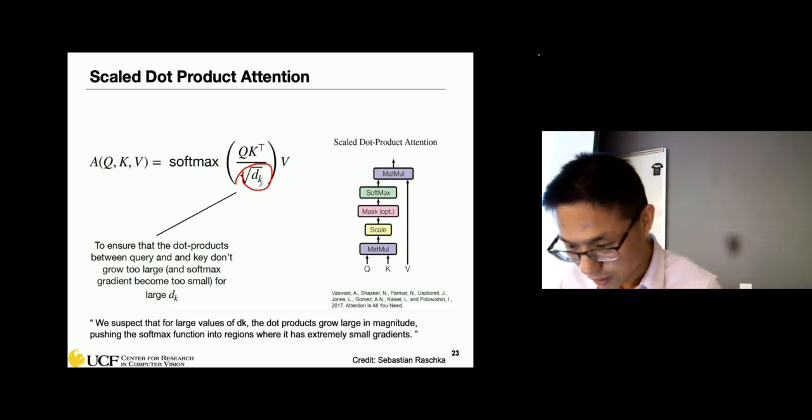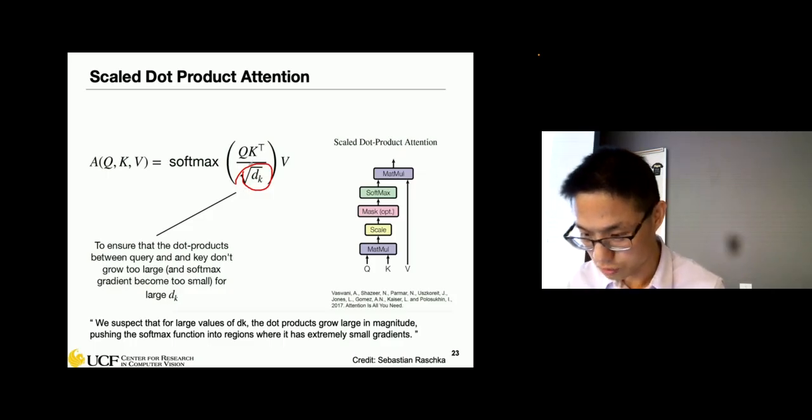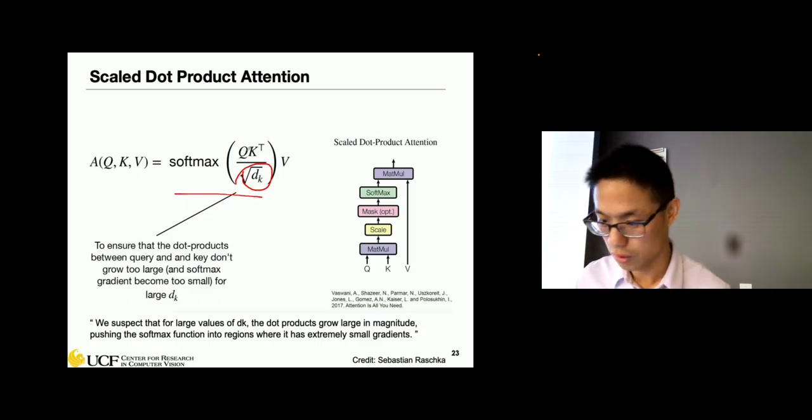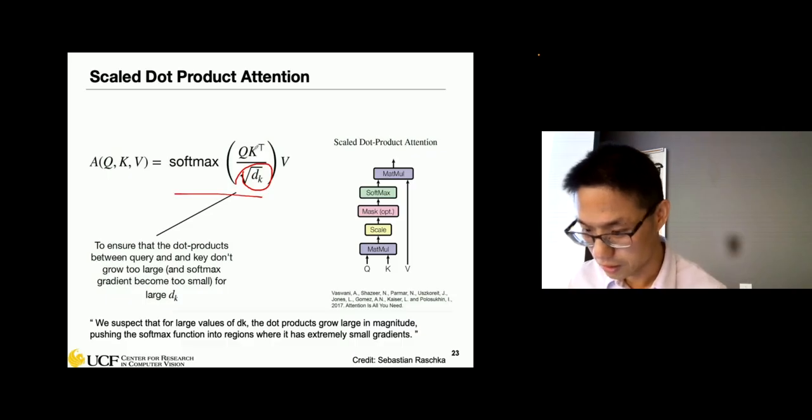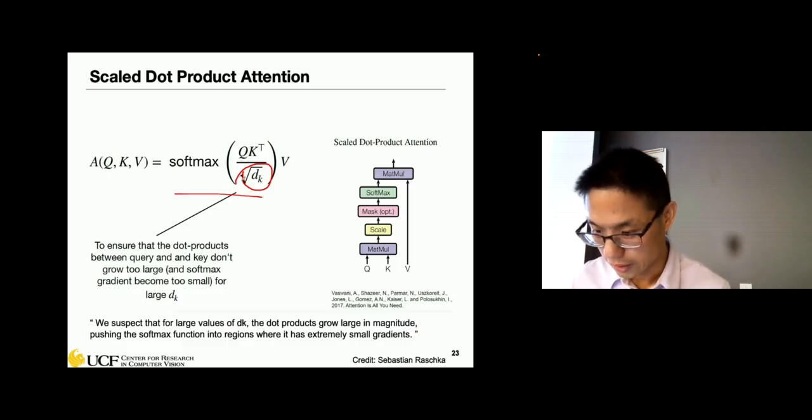One thing I also want to mention is the softmax. This is the attention weight matrix. You have the query times the key matrix, and you have this square root of d_k trying to normalize that.